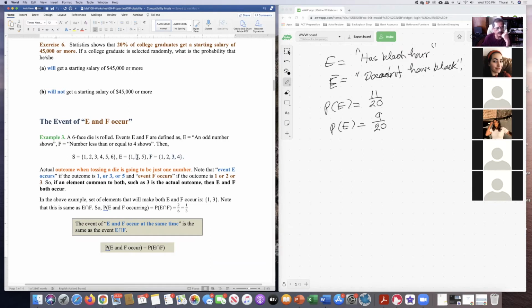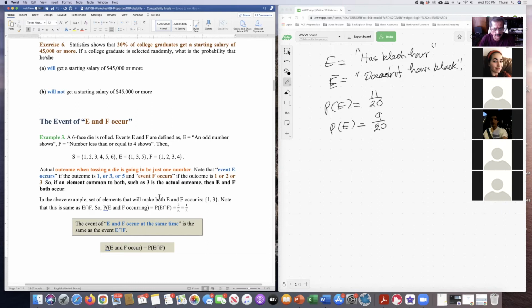Event E has occurred because it is an odd number. If the outcome is 2, then which event has occurred? Only F. F has occurred, E has not occurred. And also if the outcome is 4, then only F has occurred, E has not occurred.